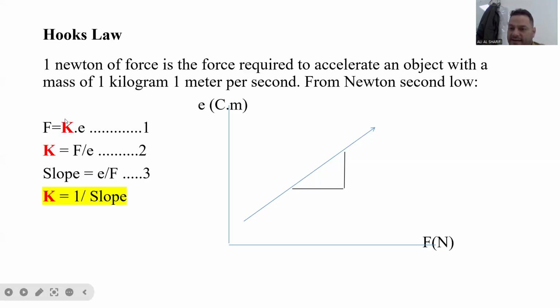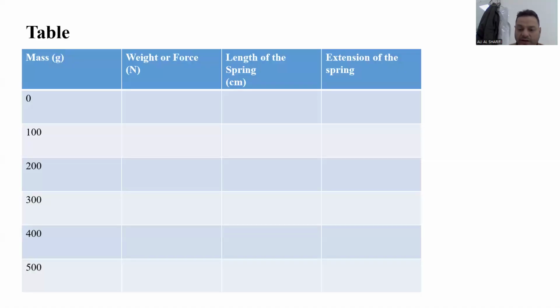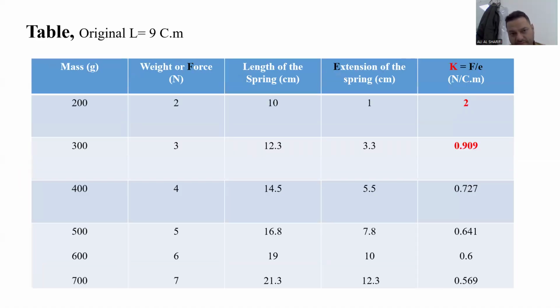Let's calculate K equals F divided by extension. The slope, or tan theta, equals extension divided by force. By comparing equation 3 to 2, we get this form: K equals the inverse of the slope.